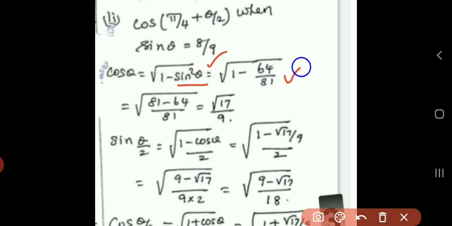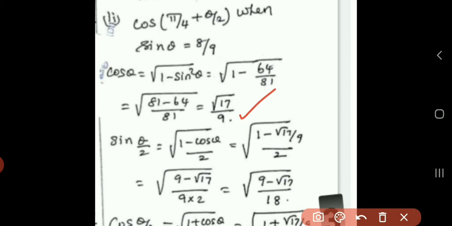It becomes 1 minus 64 by 81. So I can take LCM for this. It can be written as (81 minus 64) divided by 81. Subtract this value, it can be root 17 by the square root of 81 is 9 here. So the value of cos theta equals root 17 by 9.